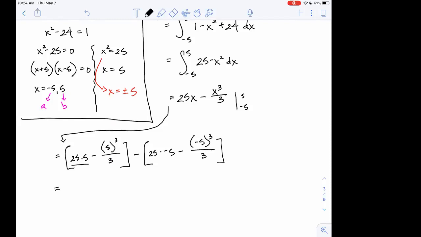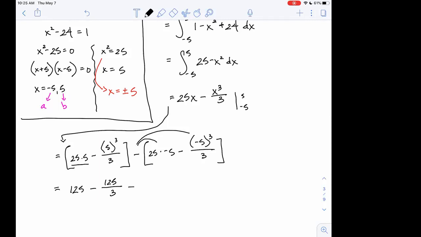So 25 times 5 is 125, minus 5 cubed is 125, and then it's 5 cubed over 3. Then I'm going to subtract that, and I'm going to subtract that.